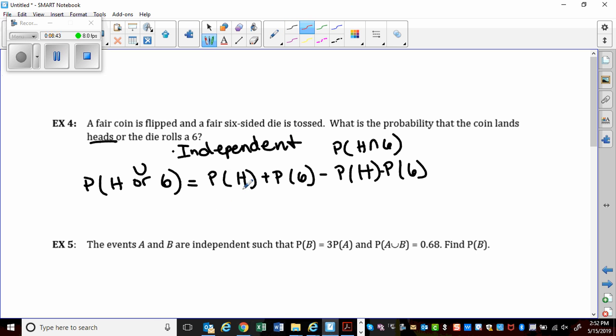The probability of heads, as opposed to tails, there's only 2, so that's 1 over 2. The probability of rolling a 6 is 1 over 6, minus 1/2 times 1/6. I believe if you use your calculator, you get 7 over 12. Check it and see.